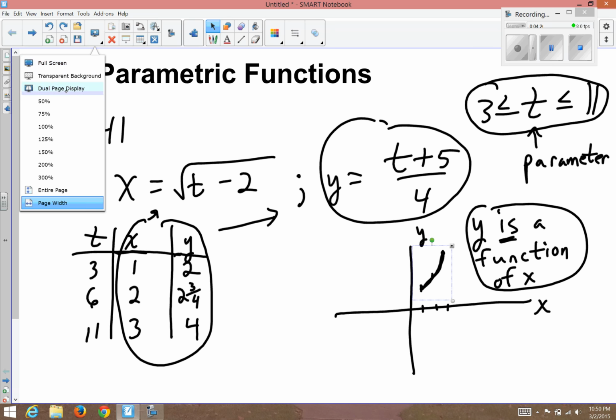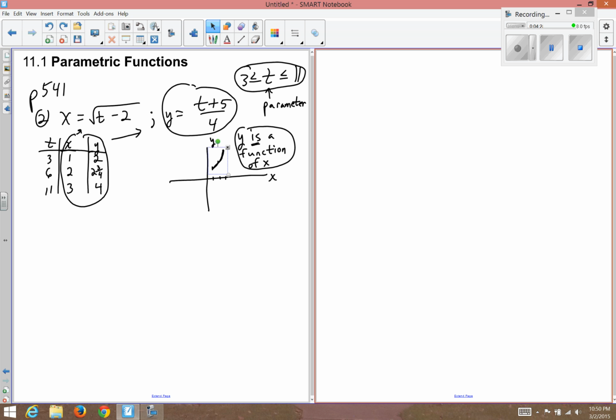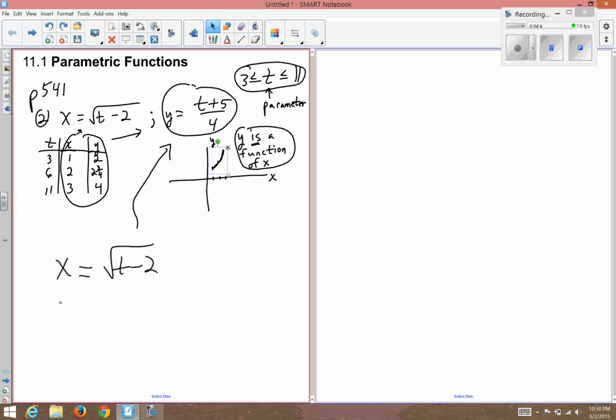And it says to remove the parameter. That can be accomplished by taking the given equation, x equals radical t minus 2. We're going to solve it for t. Solve for t, whatever t equals, we're going to plug in there. So solve for t. Square both sides. Add 2 to both sides.